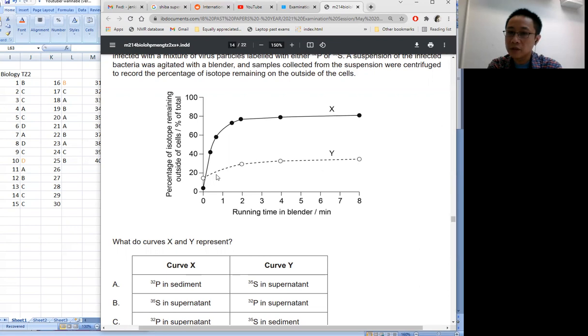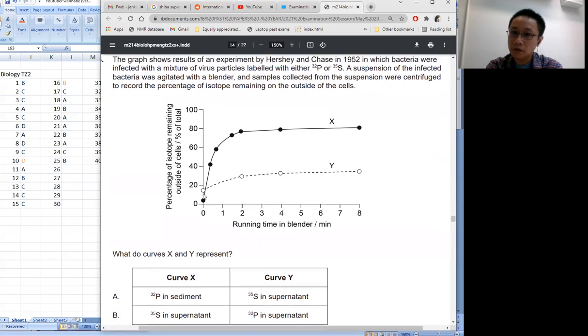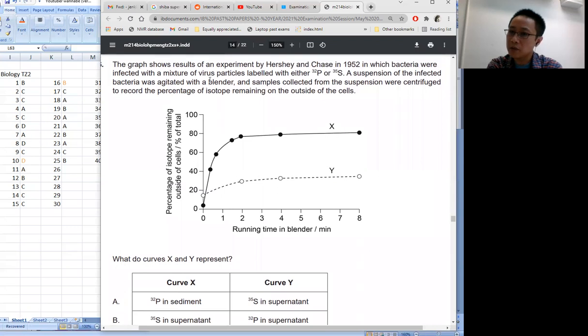Percentage of isotope remaining outside the cell. Sorry. Why would it start with 0? Because it's the viruses that were radioactive and they were outside the cells. And the viruses were radioactive.